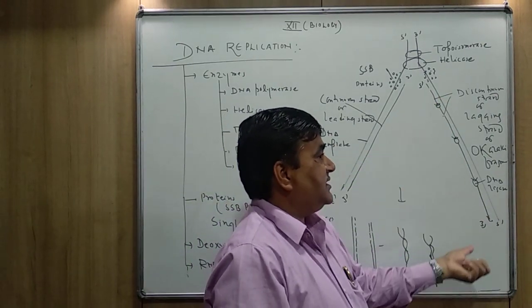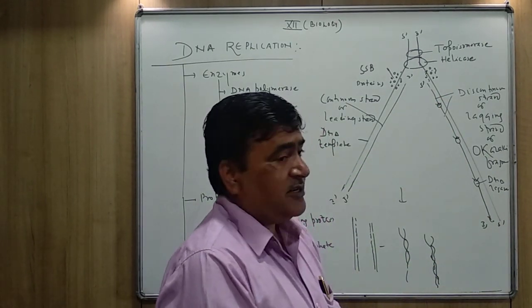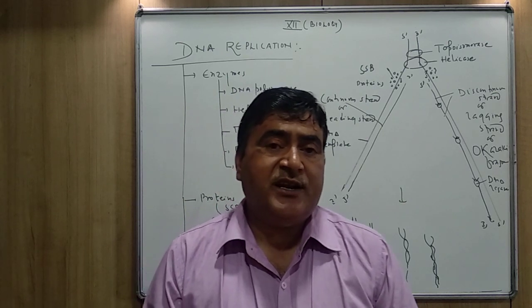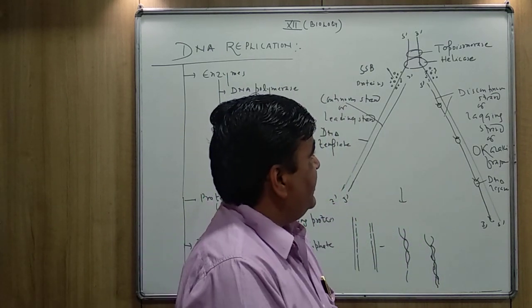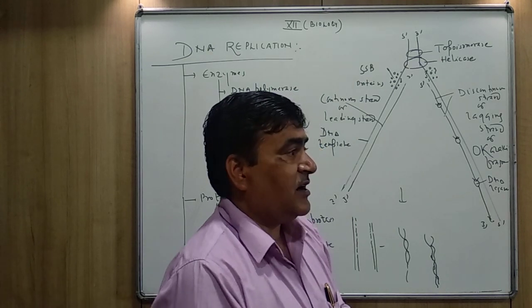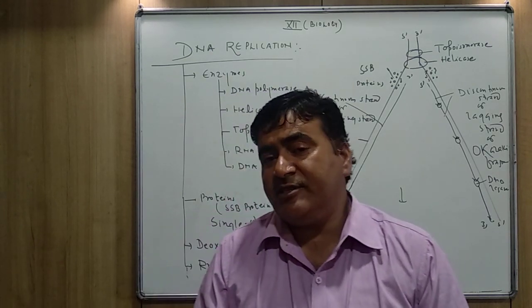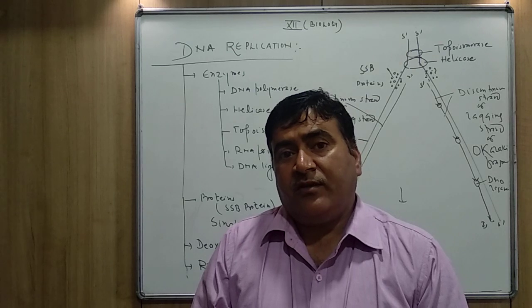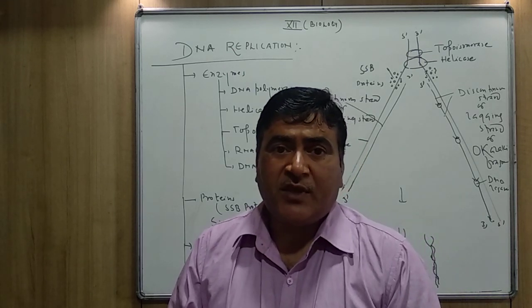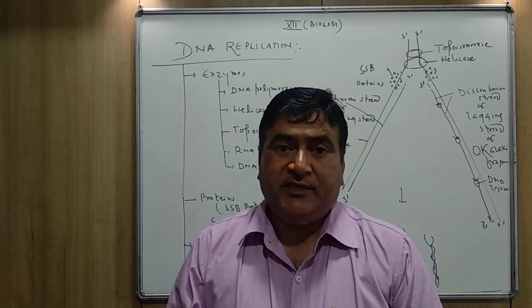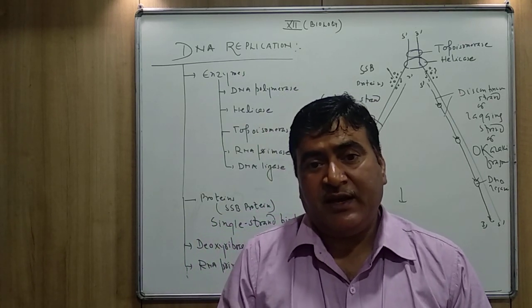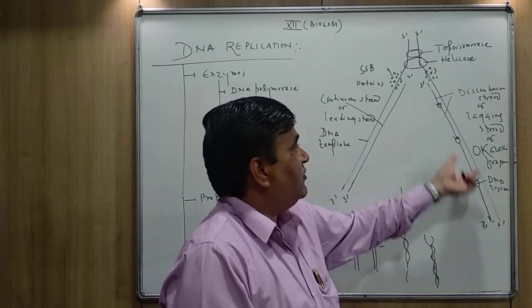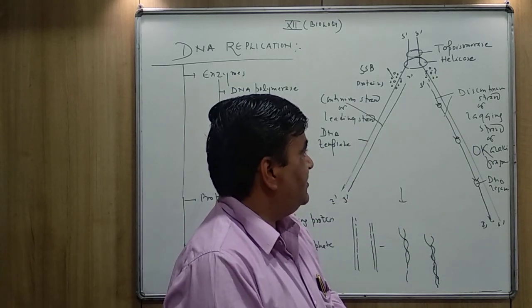So it is called the discontinuous strand or lagging strand, and this lagging strand is also known as Okazaki fragments. The Okazaki fragments are further joined by the enzyme called DNA ligase. So DNA ligase enzyme helps to join the Okazaki fragments.